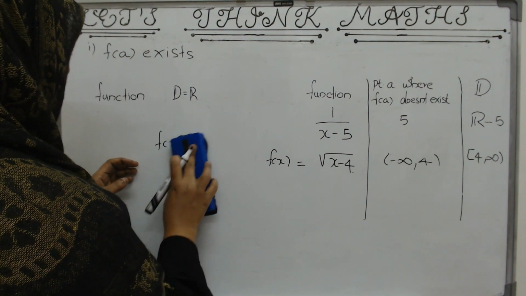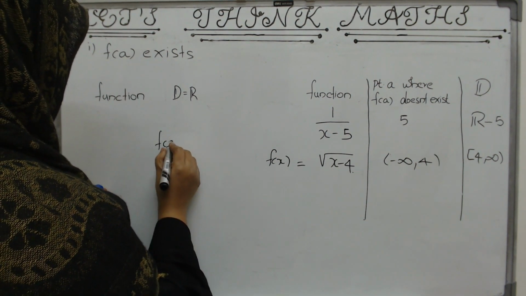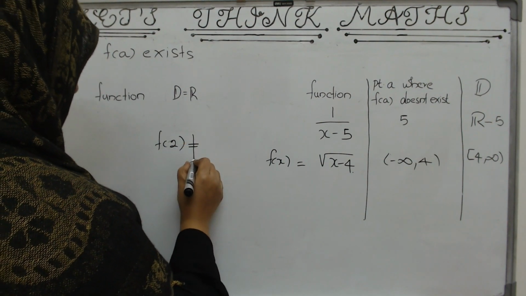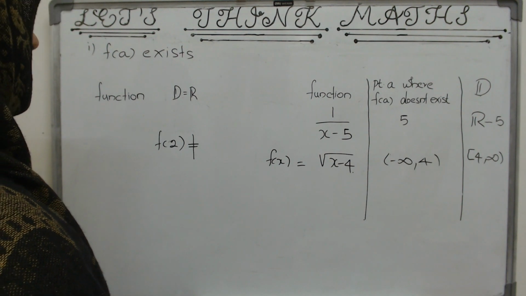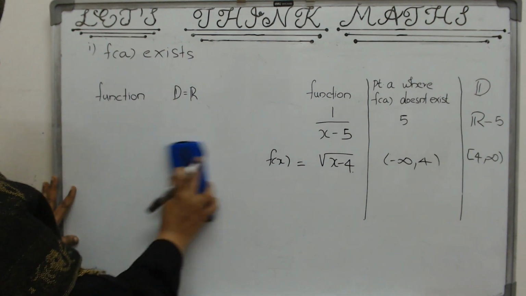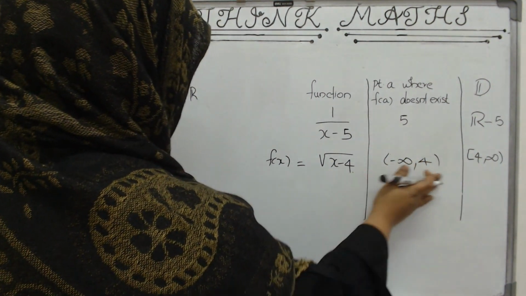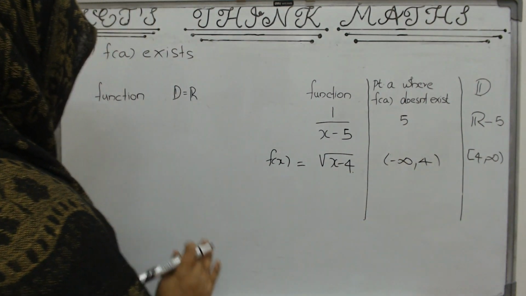So f of x, randomly I will take 2. f of 2 does not exist. Why? Because it stops being real. It becomes a complex number. So for all of these numbers, f of x will not exist.